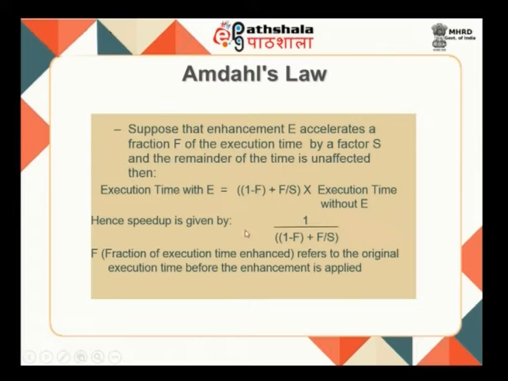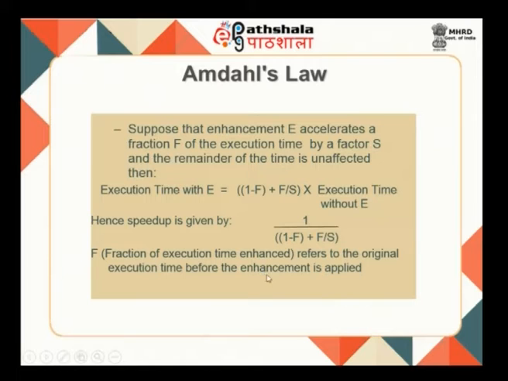So, based on this, you can always calculate your speed up as execution time without E divided by execution time with E. If you calculate this value, it comes to 1 by (1 minus f plus f by s), where f indicates the fraction of the execution time for which the enhancement is active, and s is the local speed up that you are going to get.